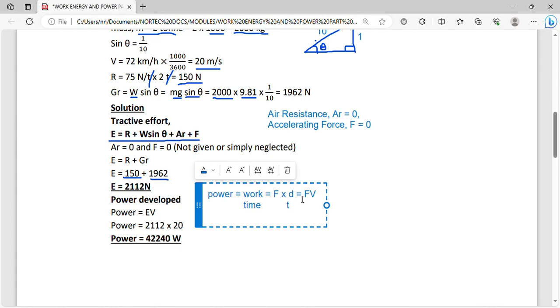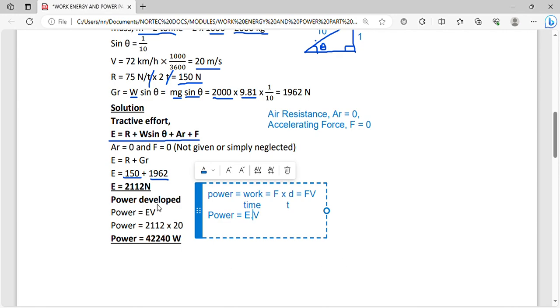In this case, the force we are using is the tractive effort. So the power is equal to E multiplied by V. Of course, not electric vehicle. Tractive effort multiplied by that constant velocity V.